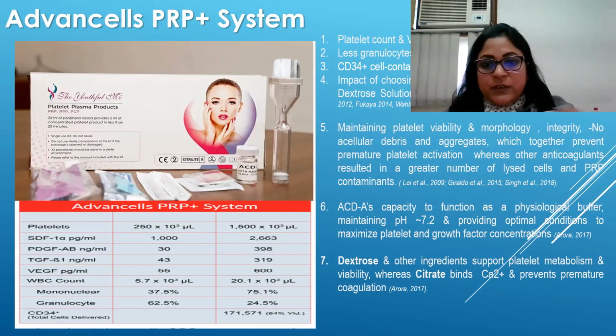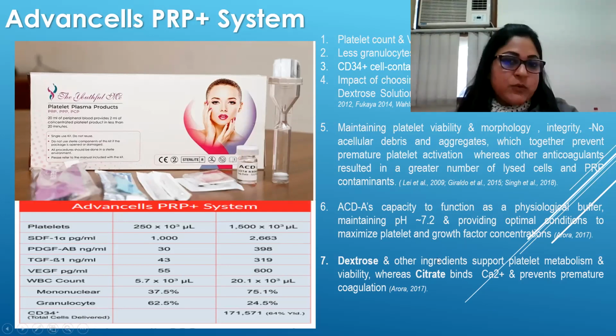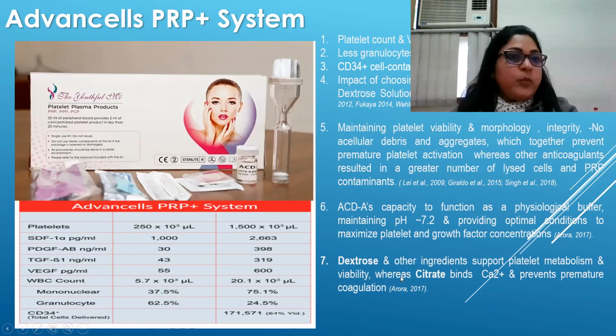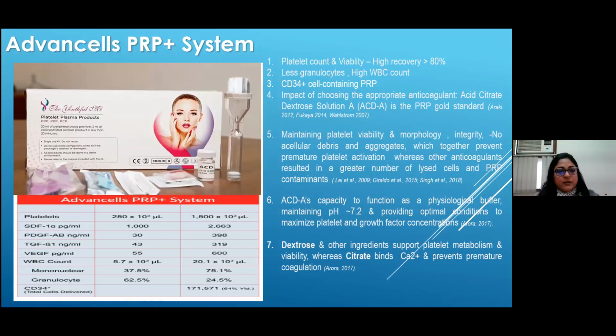So it is a standard gold method as an anticoagulant, ACD, that we are using in this kit, and also the dextrose in this maintains the platelet metabolism and also the viability. While the citrate we have used here binds the calcium to prevent premature coagulation. So, overall, this kit is far better than the manual method.